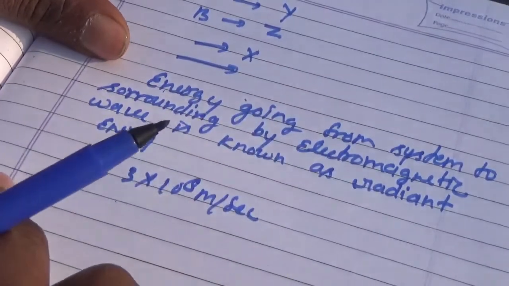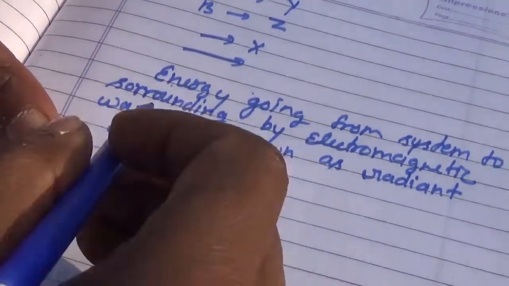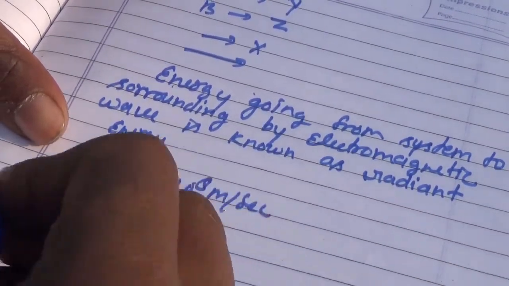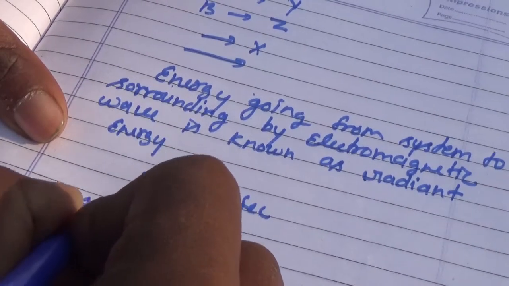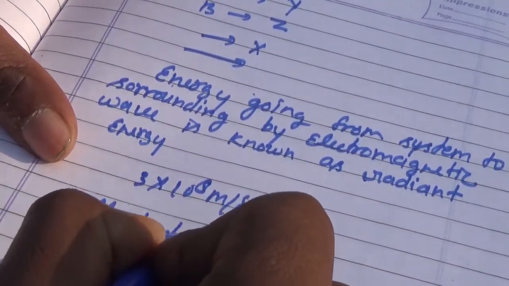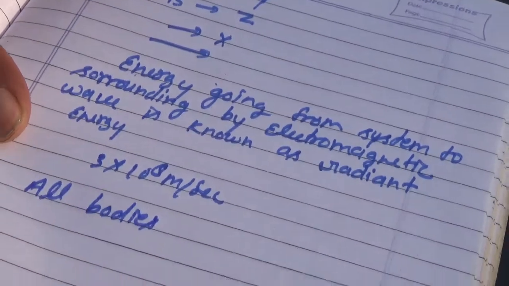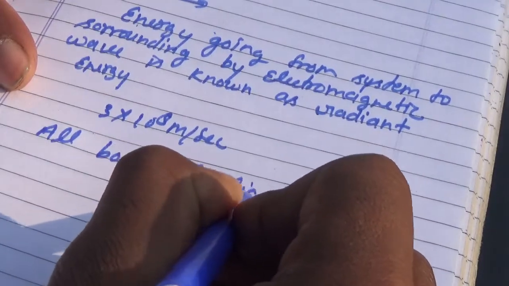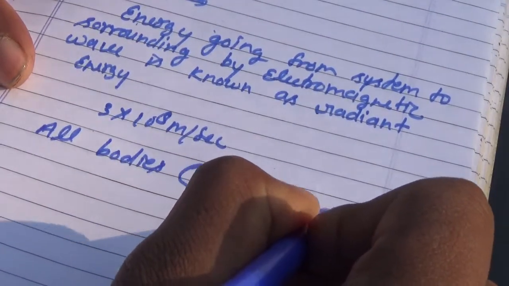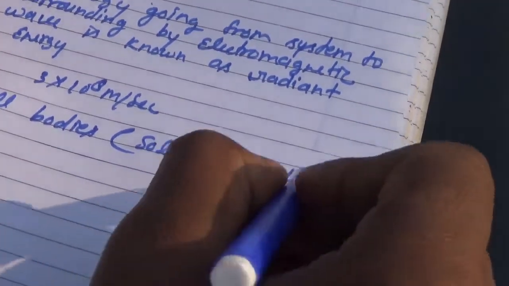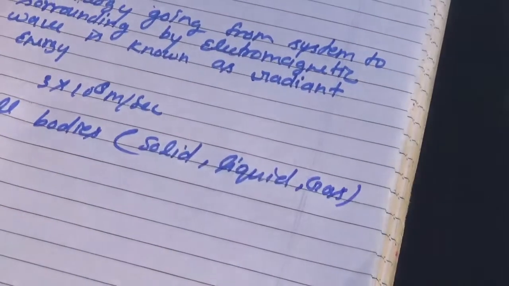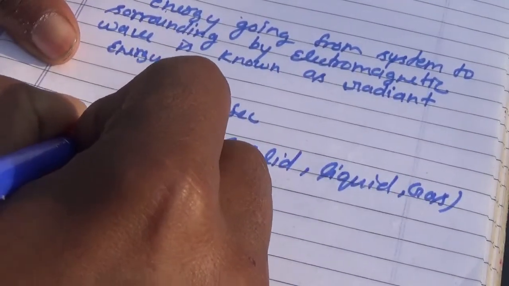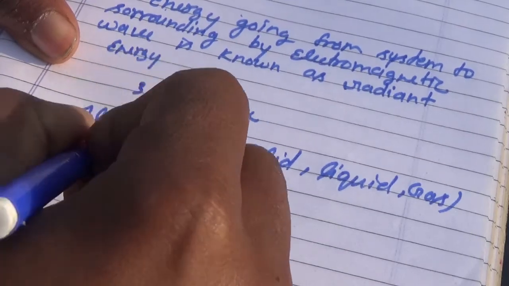As a knowledge we can see, or also we can feel it, all bodies, here may be solid, liquid, gas. Dear students, all bodies emit energy or radiate energy also, we can say here.